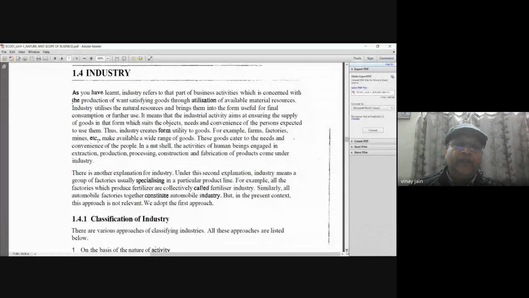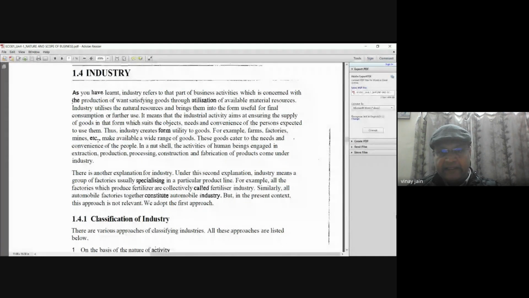Industry utilizes the natural resources and brings them into the form of useful goods for final consumption or further use. It means that industrial activity aims at ensuring the supply of goods in that form which suits the objects, needs and convenience of the persons expected to use them.